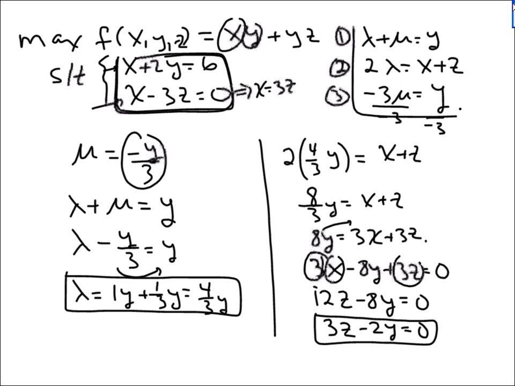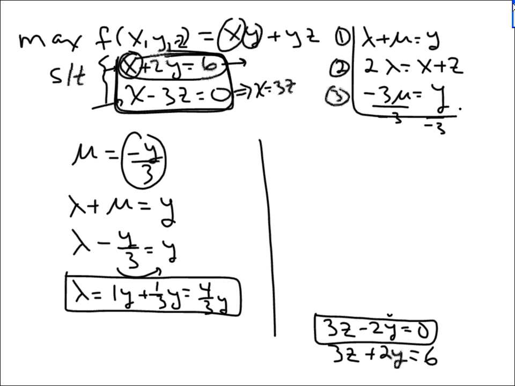Now, this first constraint up here, remember x is 3z. So 3z plus 2y is 6. And that's where it all comes together. I got 2 equations and 2 unknowns.